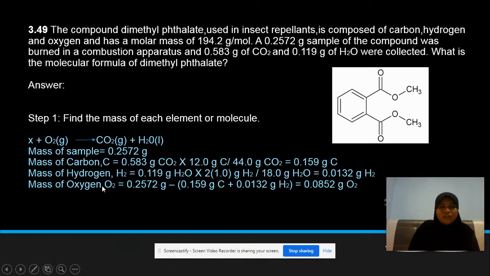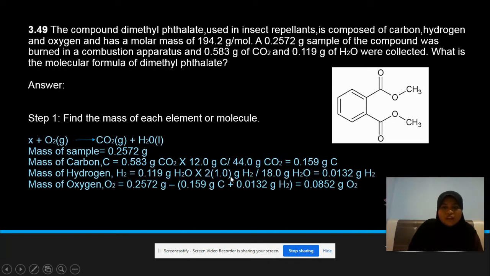Next we must find the mass of hydrogen. How can we find the mass of hydrogen? We can find it from the mass of water given in the question. Like we did previously for the mass of carbon, we use the same way. First we multiply the mass of water given with the molar mass of hydrogen over the molar mass of water.